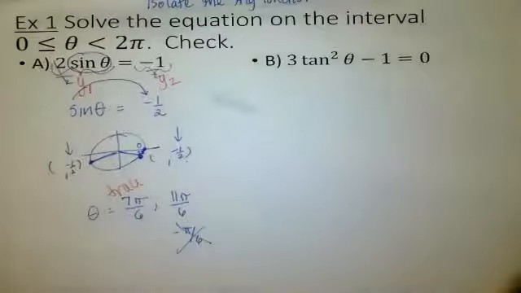Wait, what did you? I typed in my answers. 7 pi over 6. Okay, no. Unhighlight it rather. All right.